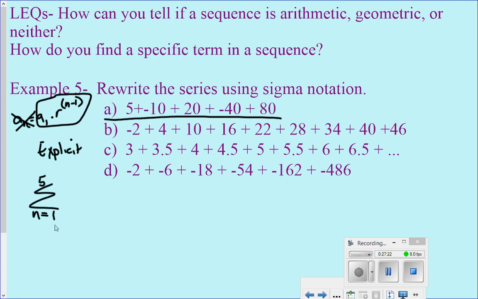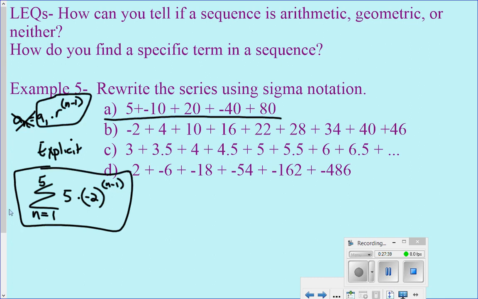And that's what I'm going to put right here beside the sigma. So a sub 1 is 5 times r, which is negative 2, and I'm going to raise that to the n minus 1 power. And that is my answer. That is putting that series in sigma notation.